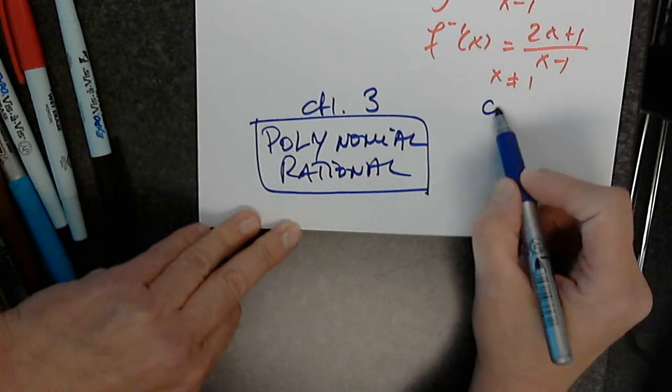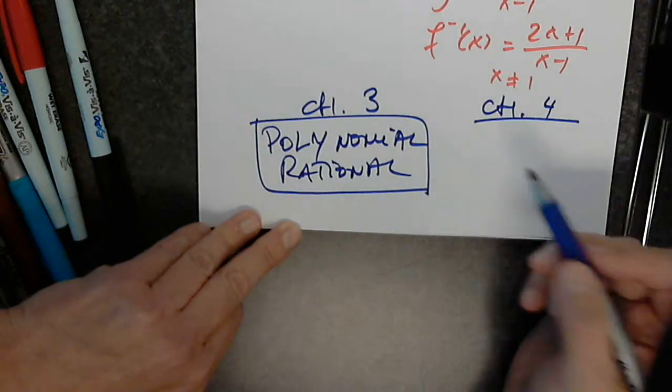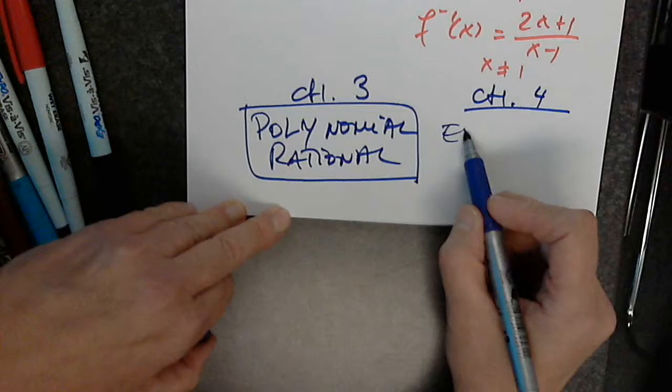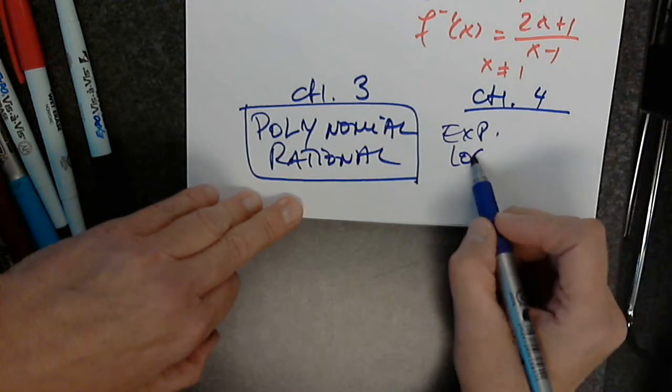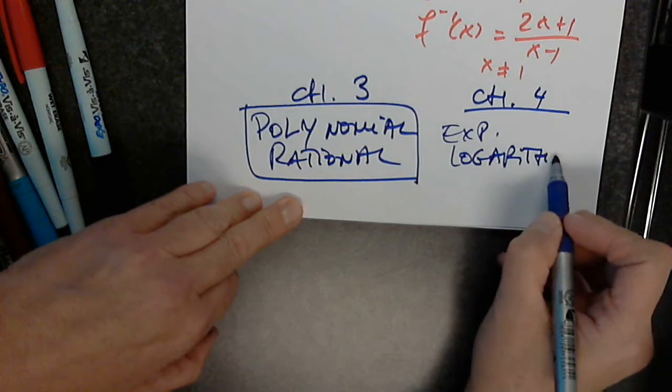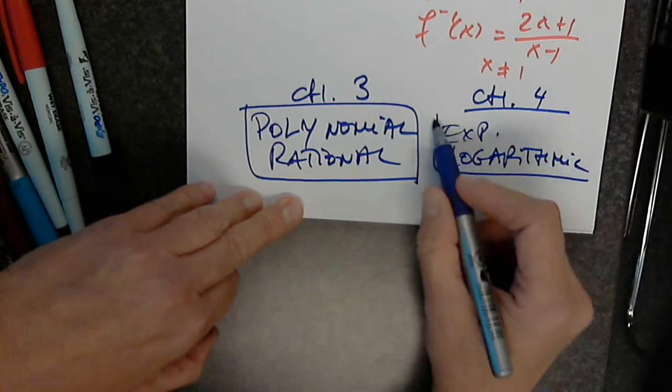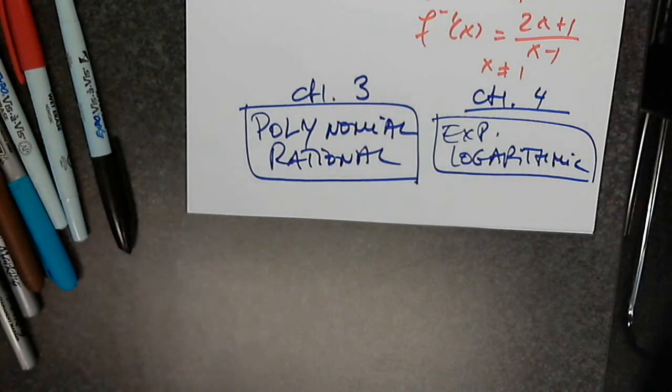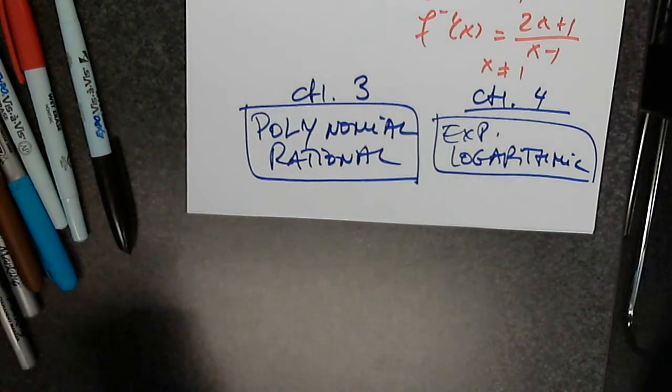In chapter 4, after that, 2 other functions: exponential and logarithmic. 2 totally separate, totally different sets of functions.